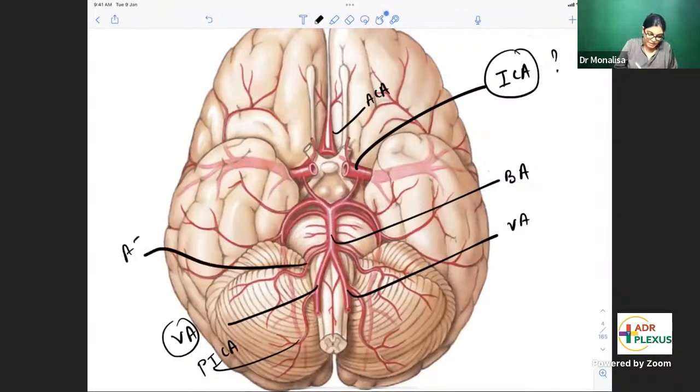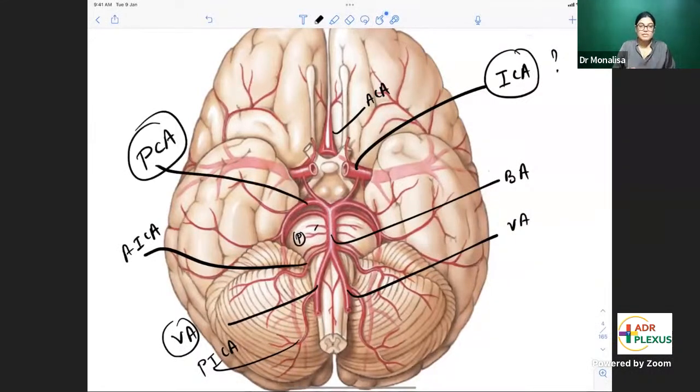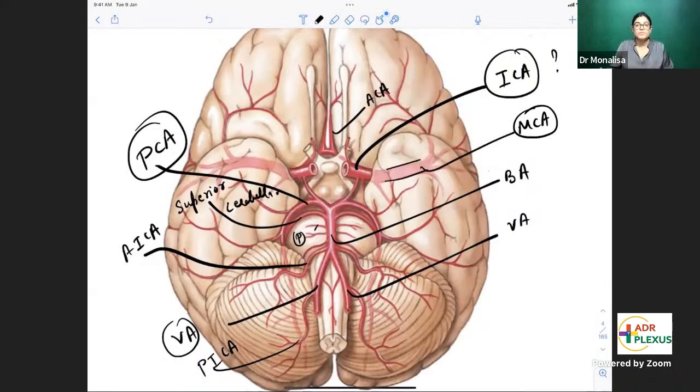This is the anterior inferior cerebellar artery, a branch of the basilar artery. These are the pontine branches. This is the terminal branch of the basilar artery, the posterior cerebral artery, and this is the superior cerebellar artery. These are branches of the basilar artery. The artery going towards the superolateral aspect of the brain is the MCA, the middle cerebral artery, not taking part in formation of the circle of Willis.